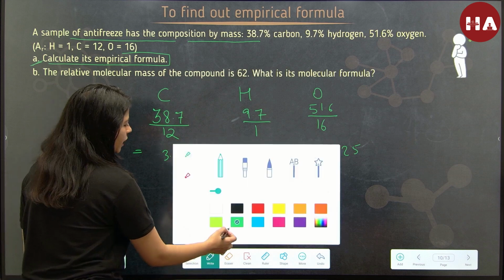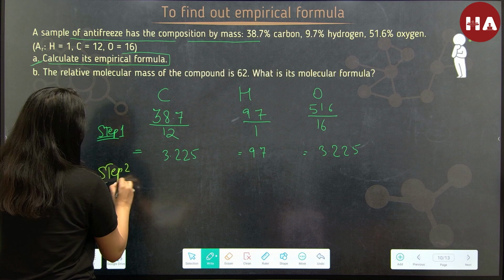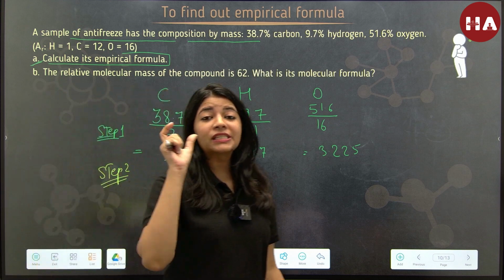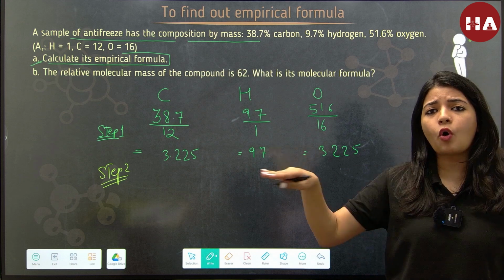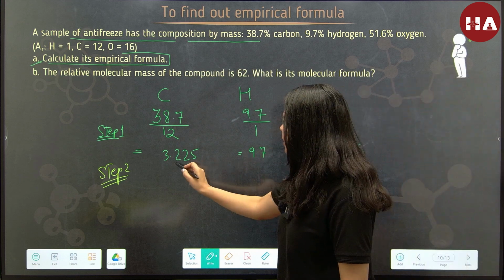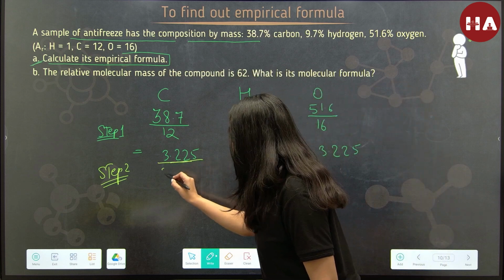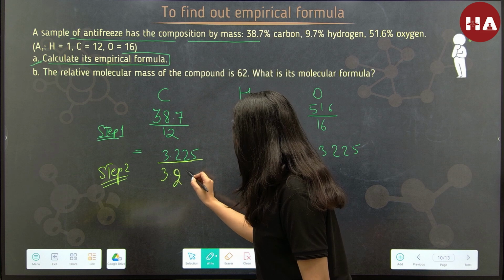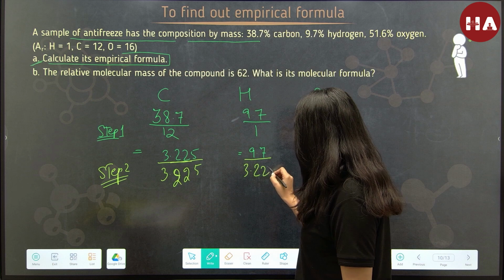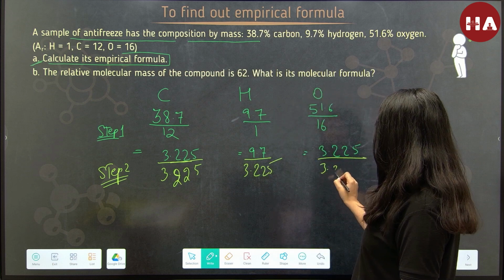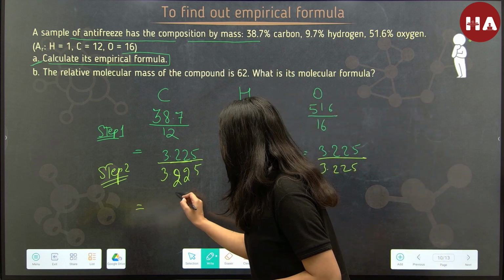Now step 2. In step 2, we take the smallest answer from step 1 and divide all of these by it. The smallest number is 3.225, so we divide all the carbon, hydrogen and oxygen by this number. 3.225 divided by 3.225 gives you 1.